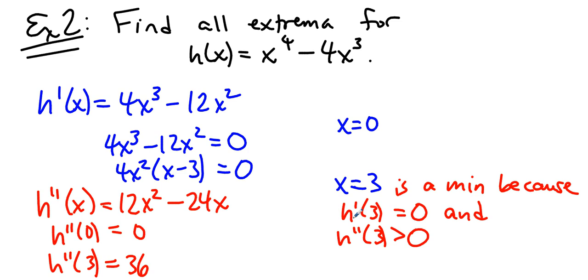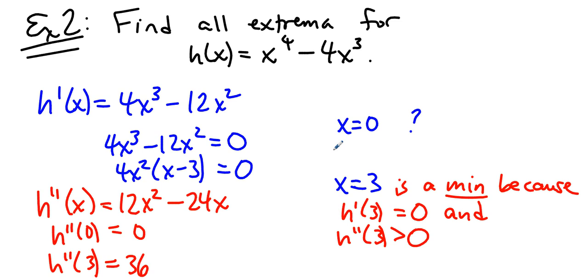Concave up with a flat tangent, that's a min. I don't know anything about x equals 0, because the second derivative test is inconclusive when the first derivative is 0 and the second derivative is 0.